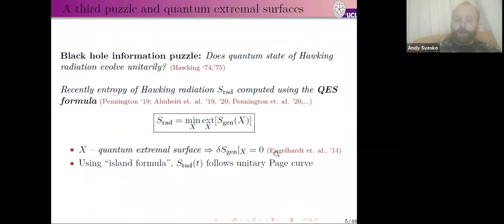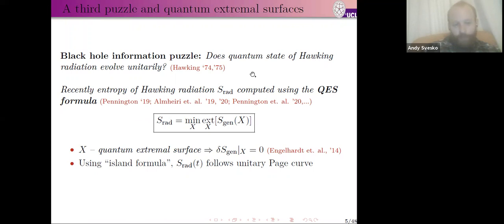Okay. Now, there's another puzzle, which is related to the problem of backreaction, and as I'm sure many of you are familiar, it's the black hole information puzzle, which essentially boils down to: does the quantum state of Hawking radiation evolve unitarily?